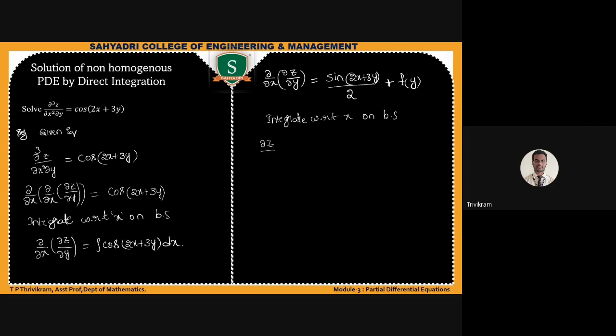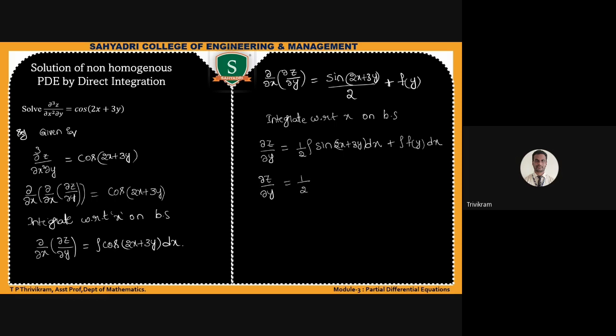Dou z by dou y is equal to integration, that means 1 by 2 I'll keep outside, integral sine 2x plus 3y dx plus integral f of y dx.